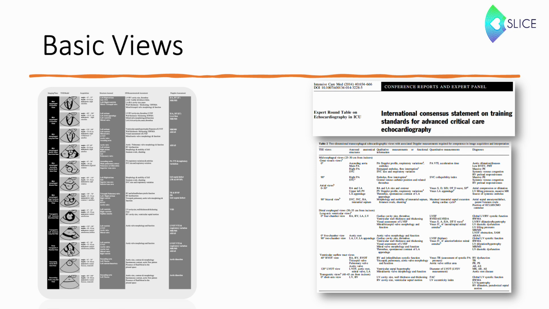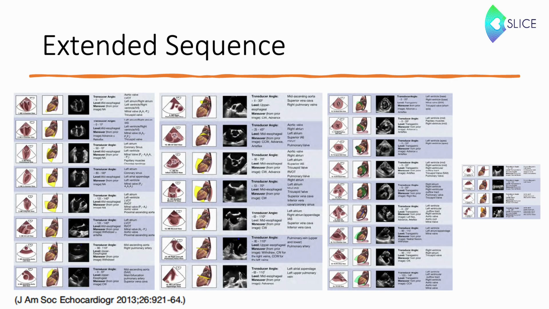They are based on the International Consensus Statement on Critical Care Echocardiography, which also forms the foundation of the European Diploma in Advanced Critical Care Echocardiography, or EDEC. However, a comprehensive TOE examination includes over 25 views as outlined in the ASE guidelines, which define the sequence and structure of a thorough examination.